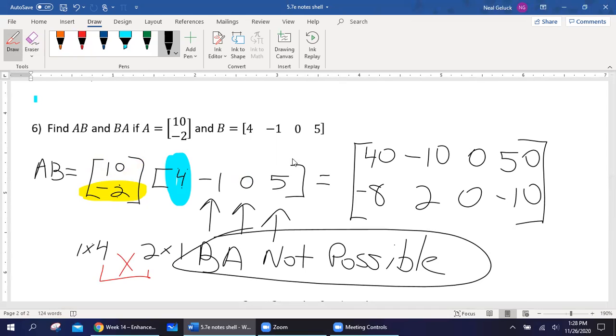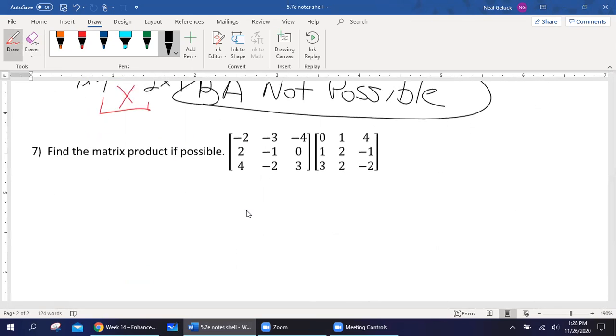So we've had some interesting things here. We've had where multiplying them both results forward and backwards results in the same size but different numbers. Then we had different size and different numbers. And now we have forward works, backwards doesn't even work.